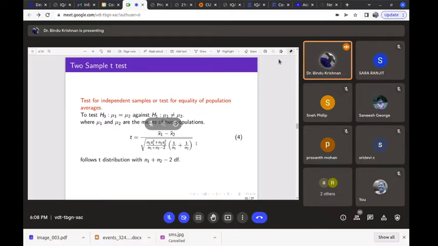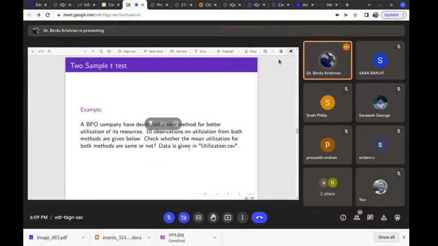Then, while doing it manually, we will find the tabled value. Then, based on this calculated value and tabled value, we will write the conclusion, or we will decide either to accept or reject the hypothesis. But in software, we use p-value. So let us have a look at this example. A BPO company has developed a new method for better utilization of its resources, and 10 observations are.